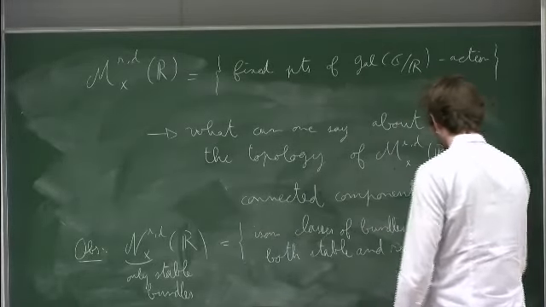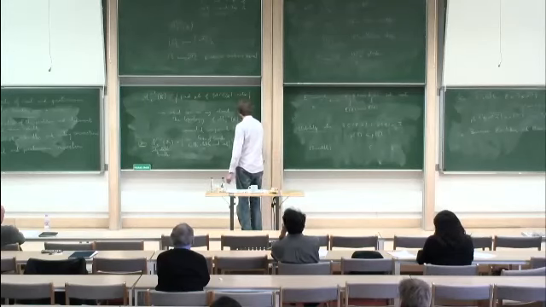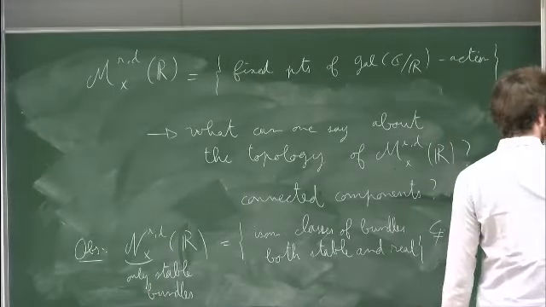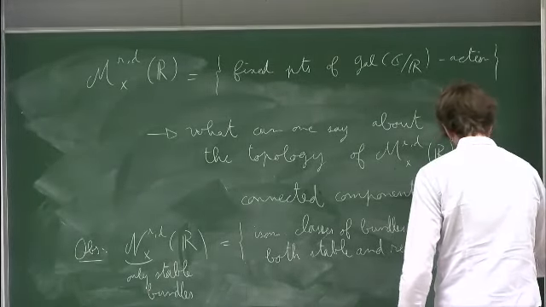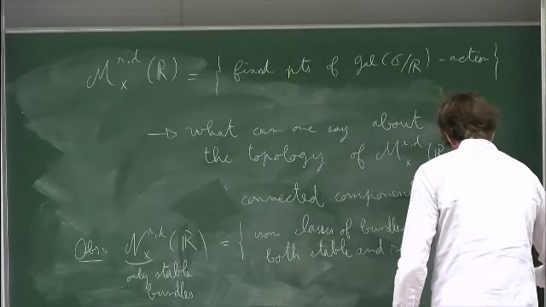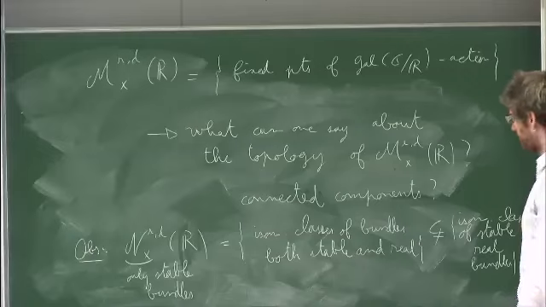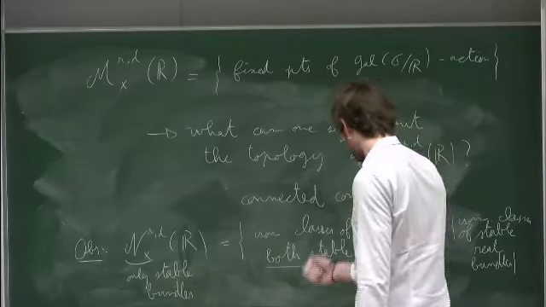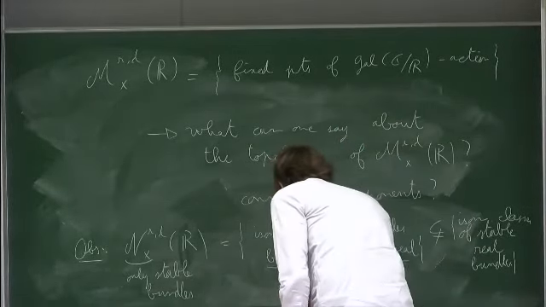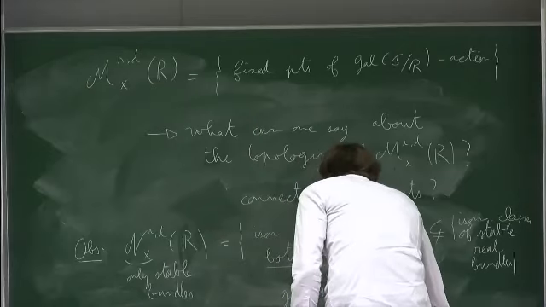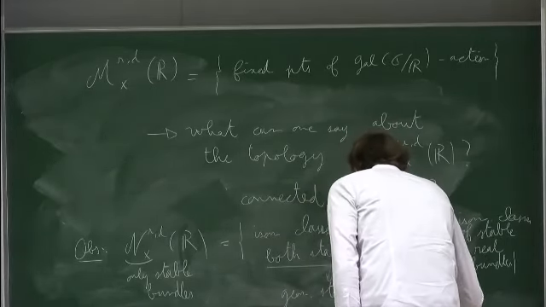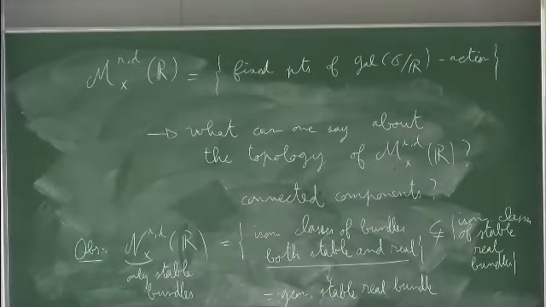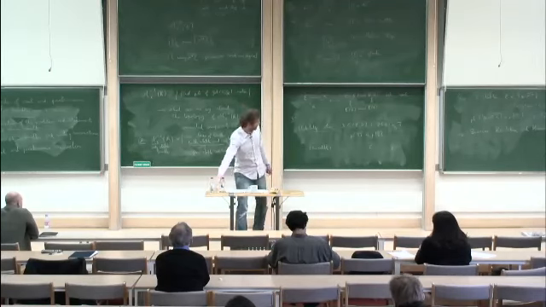And we've seen that this is strictly included in the set of isomorphism classes of stable real bundles. Let me call this, when it's both stable and real, a geometrically stable real bundle, as opposed to a stable real bundle. It's just geometrically because it's the set of complex points which is assumed to be stable. It's a common expression in algebraic geometry.